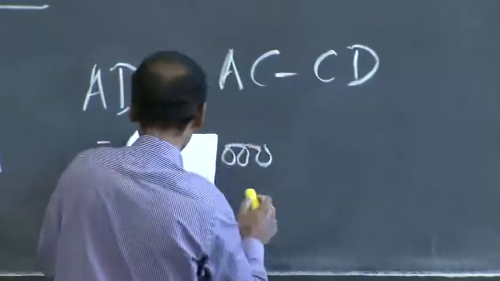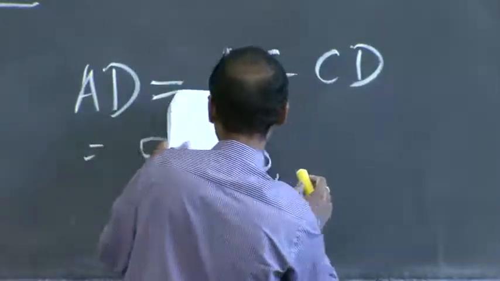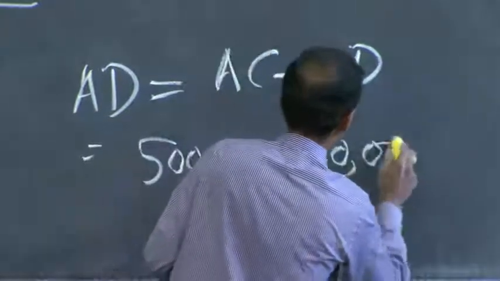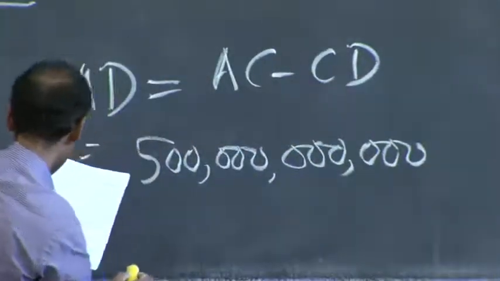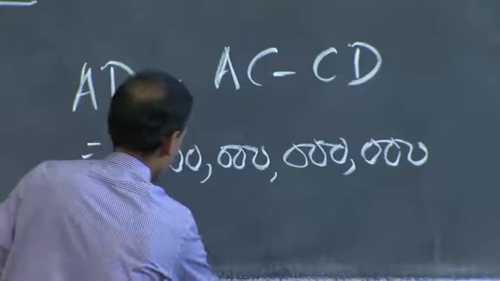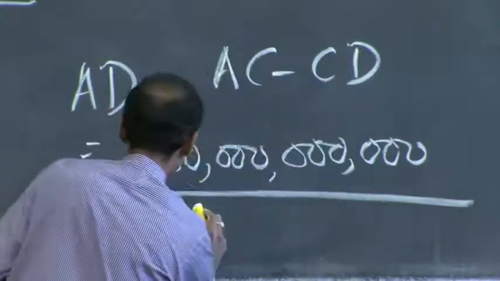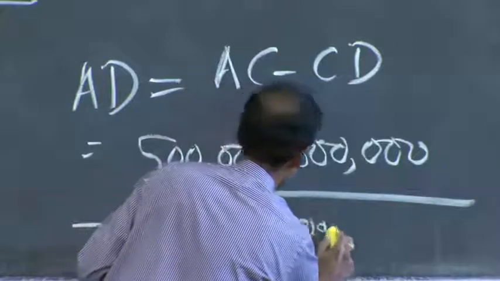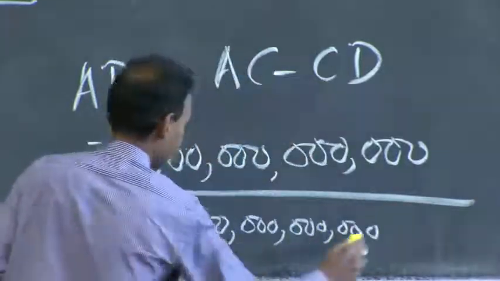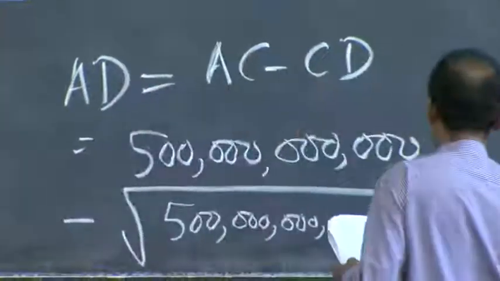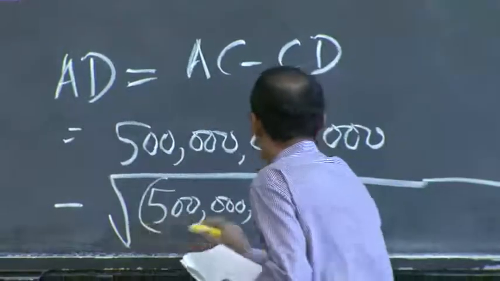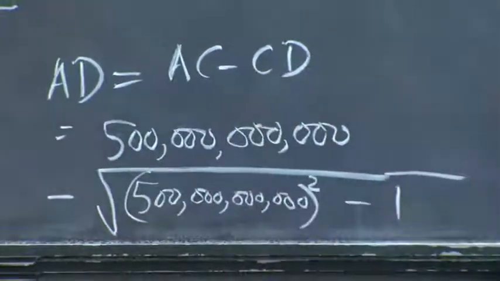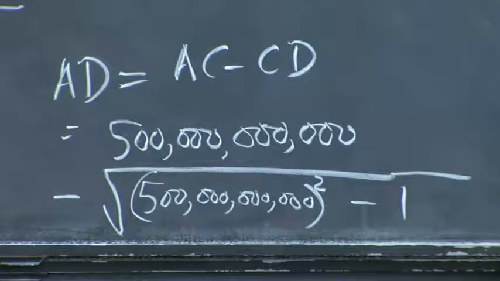That's a little bit less than bailout money, but it's close. 500 billion minus the square root of 500 billion squared minus 1. When you start squaring this, of course, now you're in real big money. So forget the square root of 2.